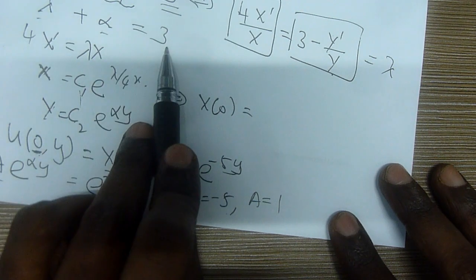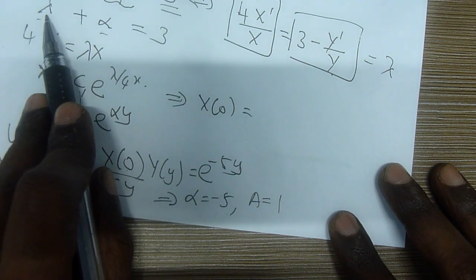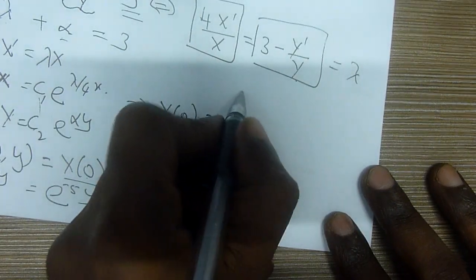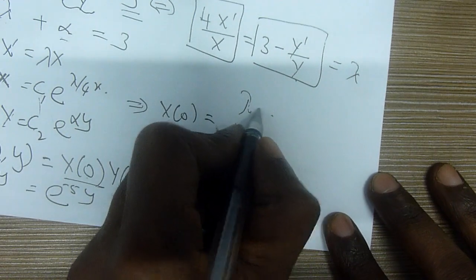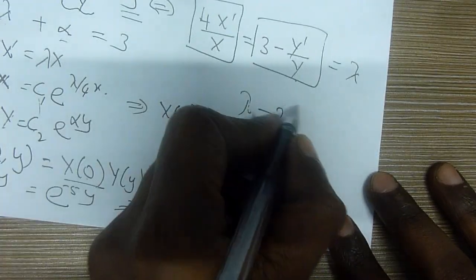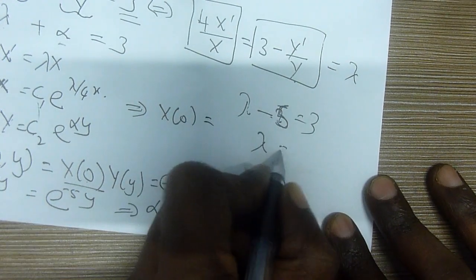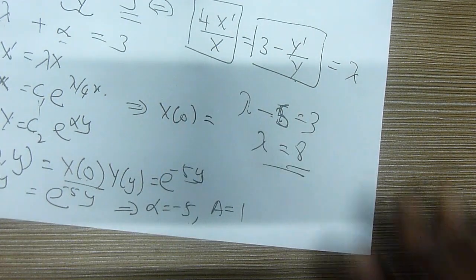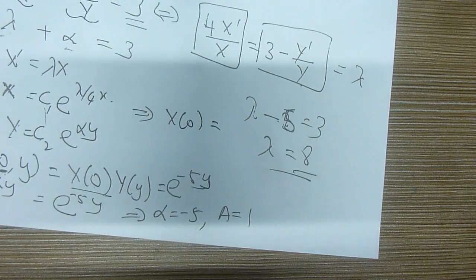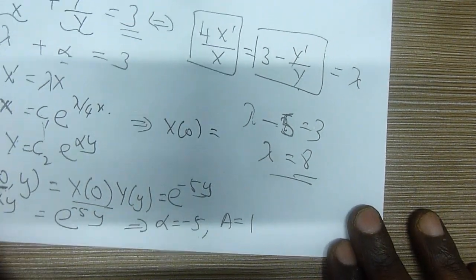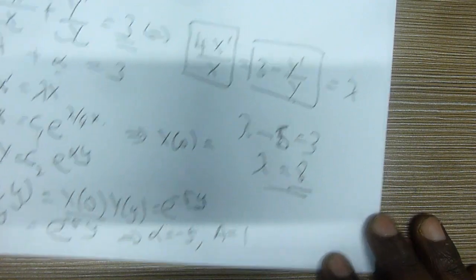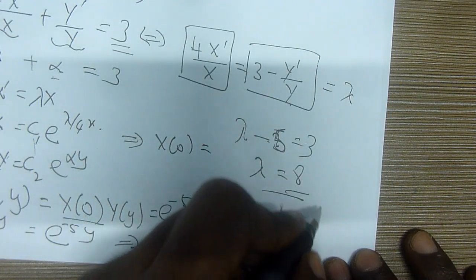Can I put it here? What is lambda? Can, right? Okay. If this is -5 equals to 3, then lambda is 8. Okay, I've done the equation. Therefore, I don't have the space.